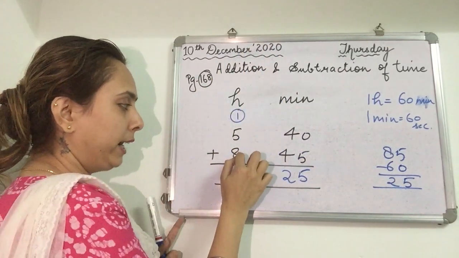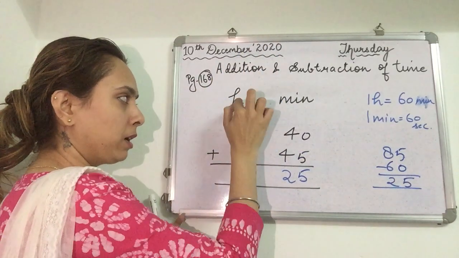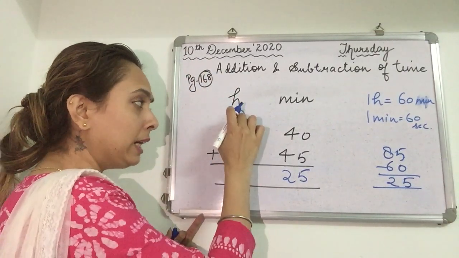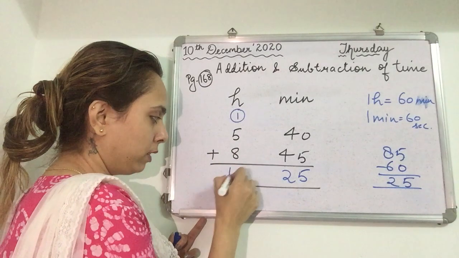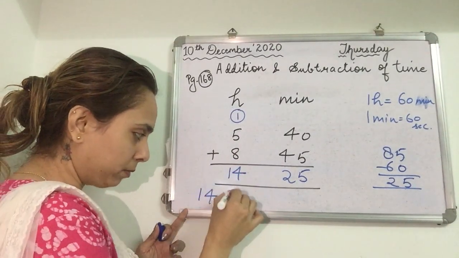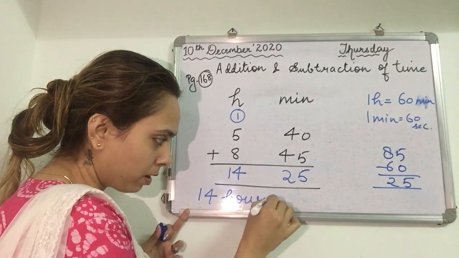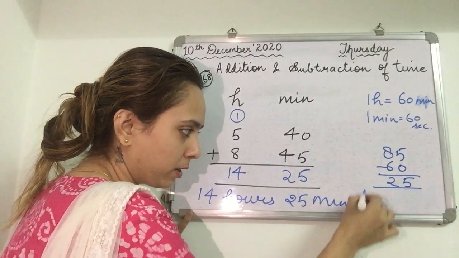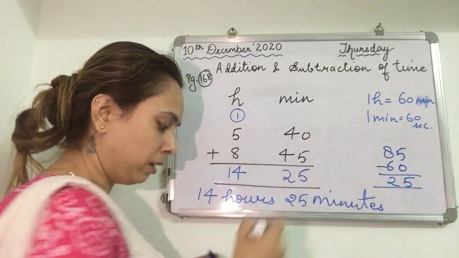So 8 hours plus 5 hours plus 1 hour. What will be the answer, students? 8 plus 1 is 9. 9 plus 5 is 14. So our answer will be 14 hours and 25 minutes.